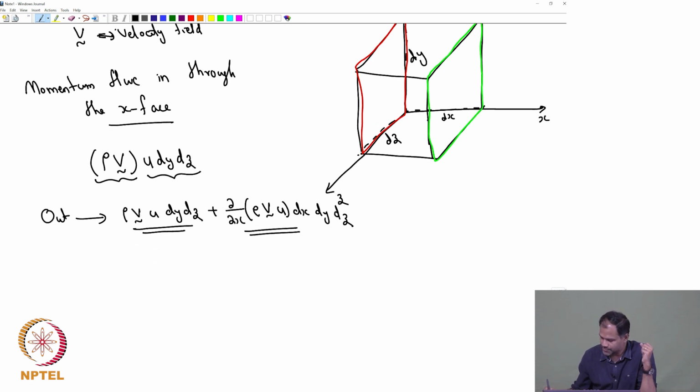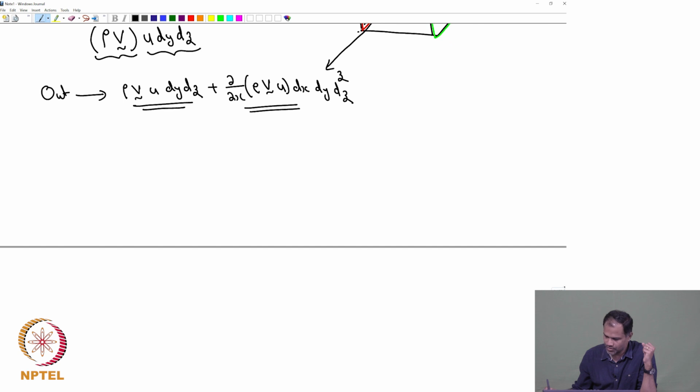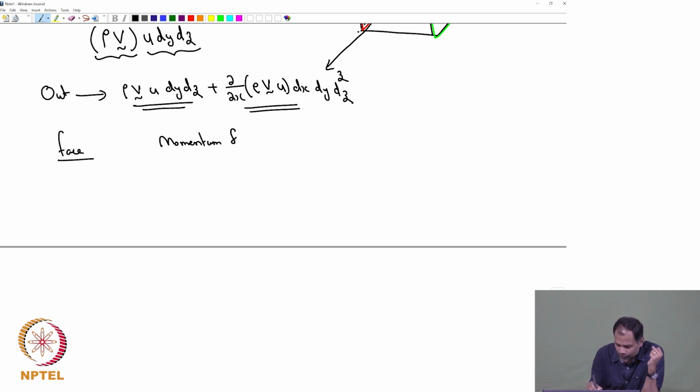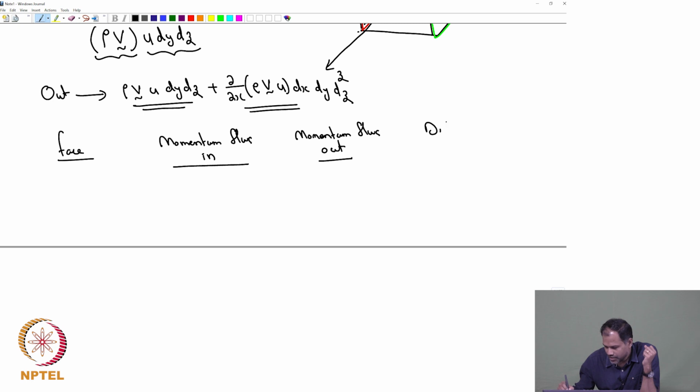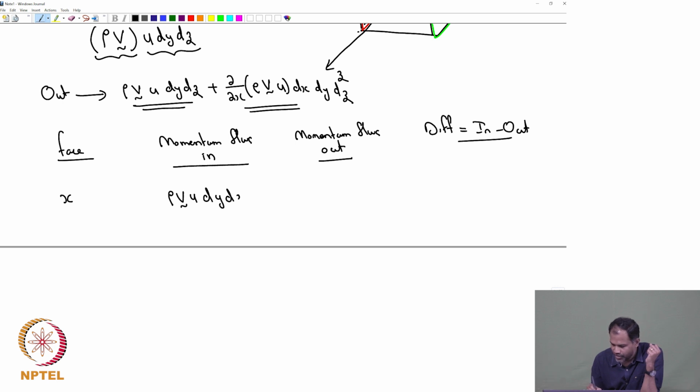Similarly we can do it for each face. So, let us do that. Let us say face, momentum flux in, momentum flux out, and the difference which is in minus out. As far as the x face is concerned, we just calculated that the momentum in is rho v times u into dy dz.